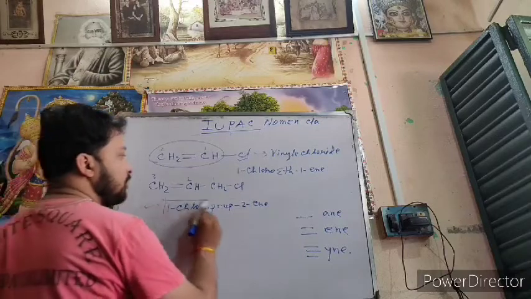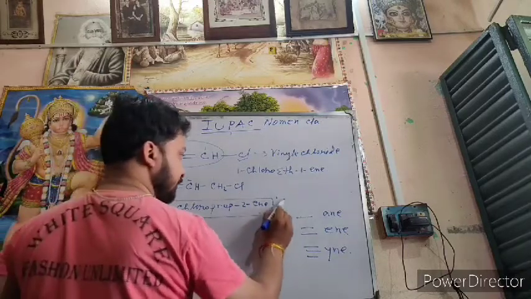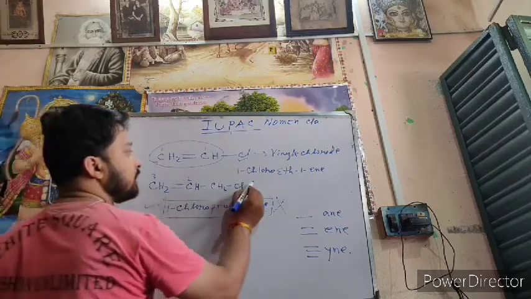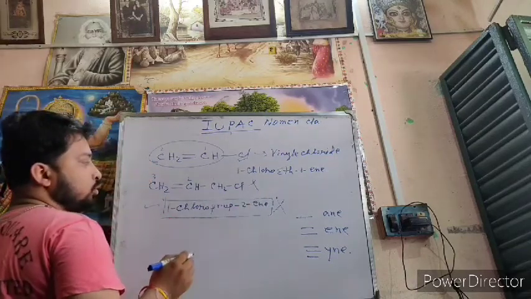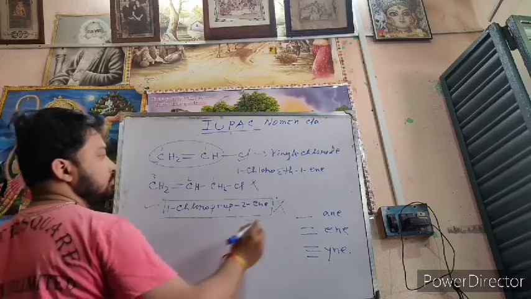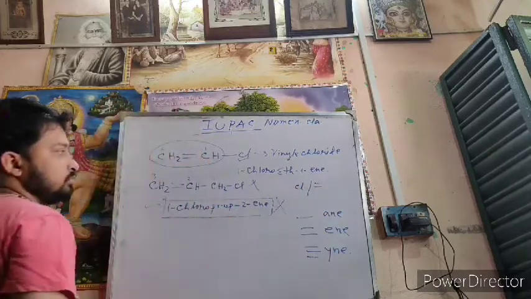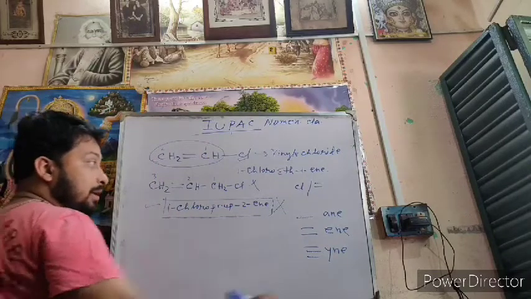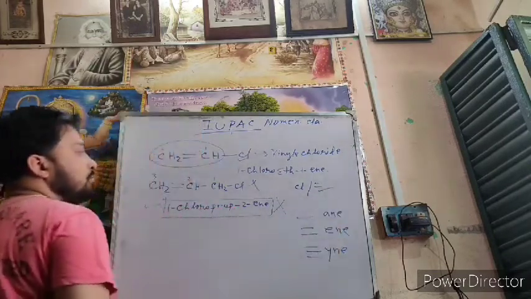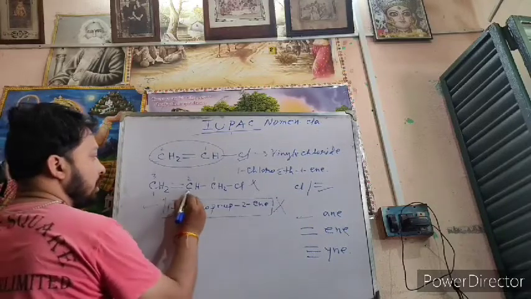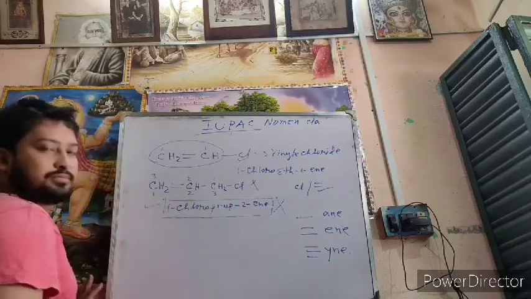But this is not correct. Why? Because the numbering is not correct. For preference between chlorine and double bond, we most prefer the double bond. Therefore, the correct numbering is 1, 2, 3.